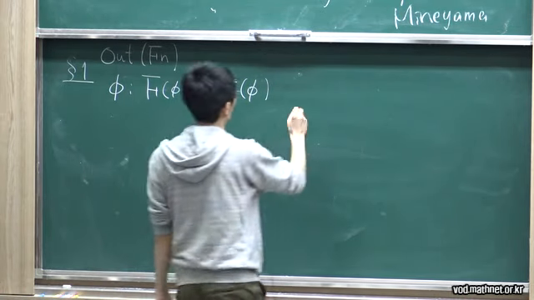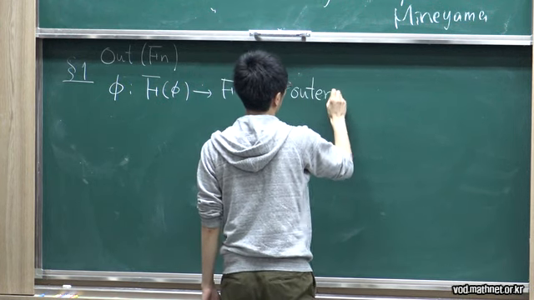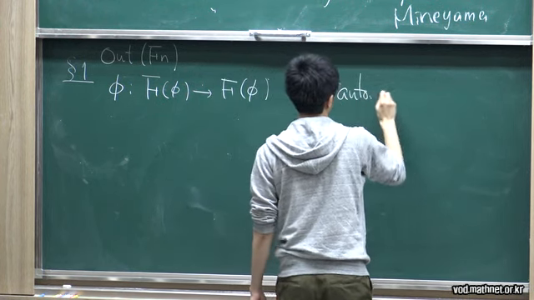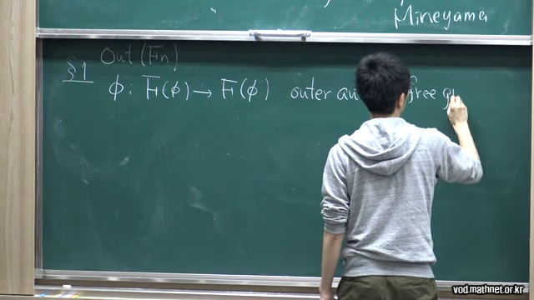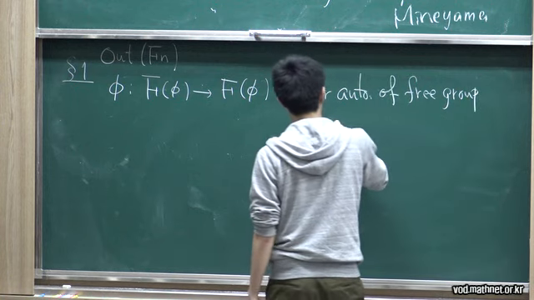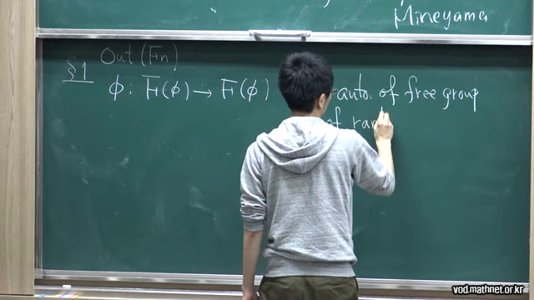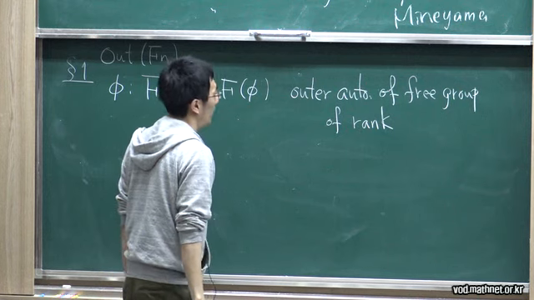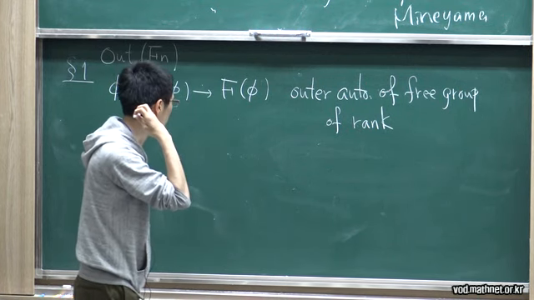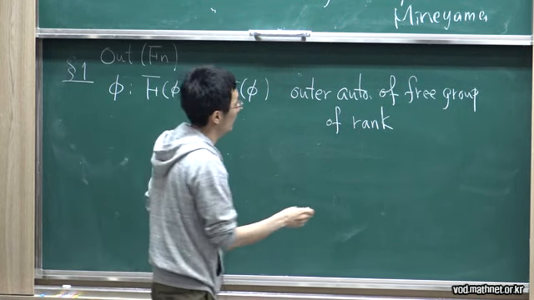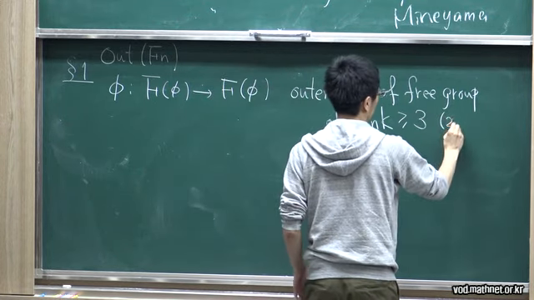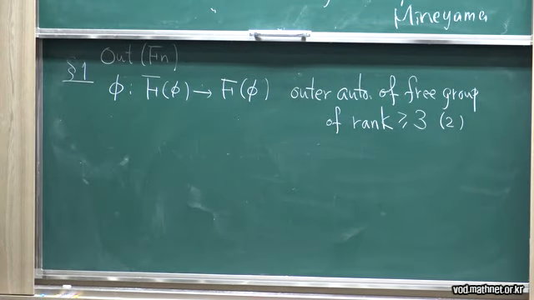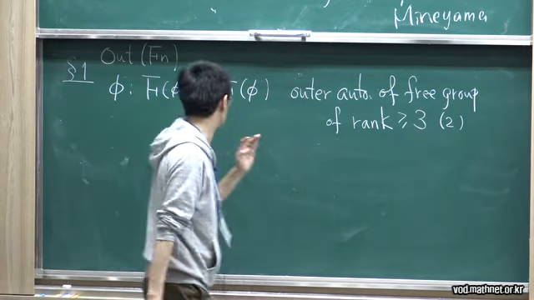This is actually a bad notation, since this is an equivalence class, but let me just denote it this way. So this is the outer automorphism of a free group of rank n. The notion of commensurability can be defined for geometric outer automorphisms, but mainly I'd like to think about the non-geometric case, so the rank is usually greater than or equal to 3. But if you don't know well about that, just ignore that.